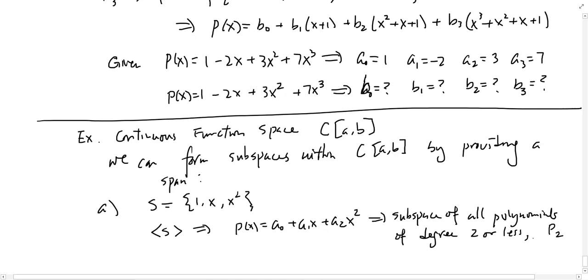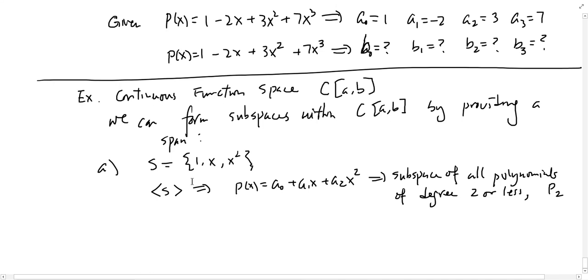Good? And the interesting thing about it is, in this picture right here, I'm forming this subspace by using a sub 0, a sub 1, a sub 2. Therefore, this particular subspace works out very similarly to an R3 space, where instead of having 1, 0, 0, 0, 1, 0, and 0, 0, 1 as my span, I now have 1, x, x squared as my span.